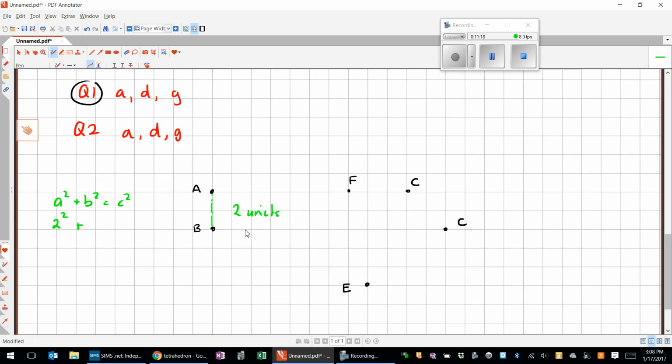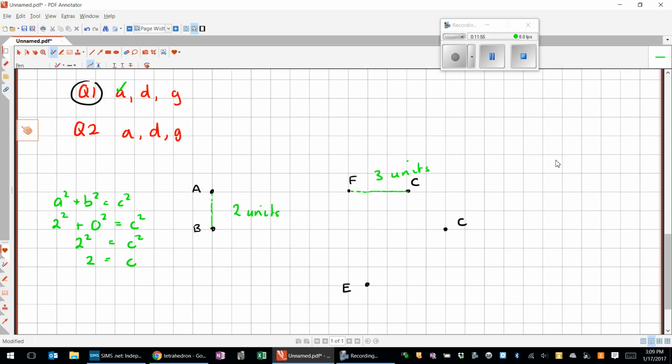So 0 squared, and 2 squared is c squared, which makes c 2. We get the same answer. We don't need to use it, but it doesn't matter if we do. So that's part A. D was just the same idea, but horizontal. So again, we've got 3 units. Simple as that. In a question, if they're not giving you units, it doesn't matter. If you just put 3, it's fine.